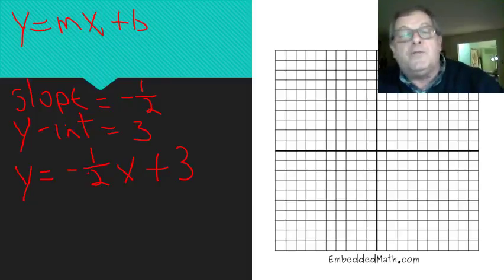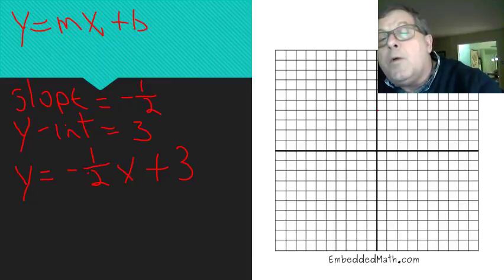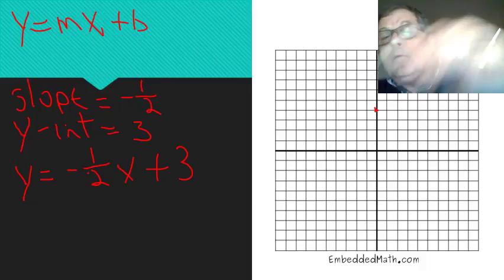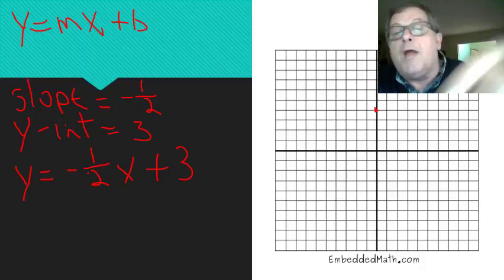So let's graph this. I'm going to start with the y-intercept. That means y is equal to 3. So I'm going to go 1, 2, 3, and put a point right here where y equals 3. And now I'm going to use rise over run to calculate the slope. So it's -1/2.